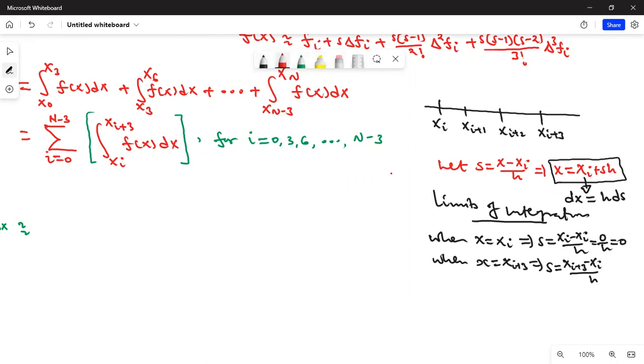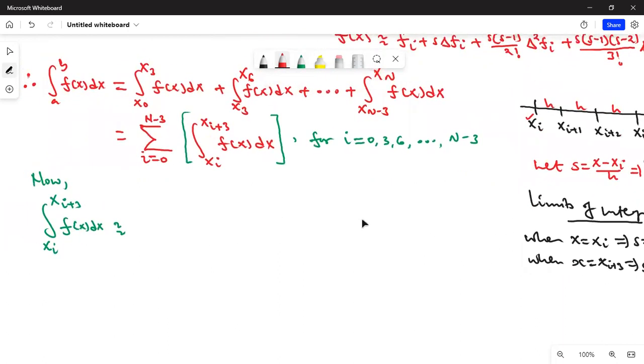The spacing between them is h, the step size. So xi plus 3 minus xi is simply 3h. So that is 3h over h, which is simply 3. So we are now going to be integrating from 0 to 3 of the new interpolating polynomial of degree 3.